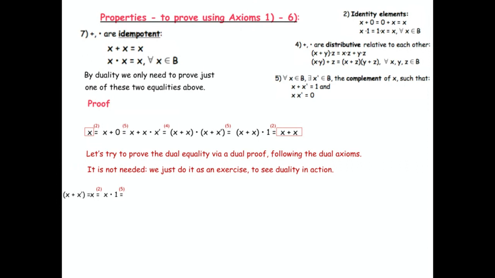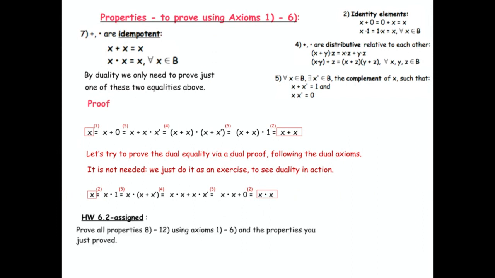Then we're going to use the fifth axiom, the complementarity, to unfold the 1 into X or the complement of X. Then we're using, again, the distributive axiom to convert that into X and X or X and the complement of X. Then, using the complementarity axiom again, we see that X and the complement of X are mutually exclusive, so they're 0, and what is left is X and X. And then, using the identity axiom, we can get rid of the 0, and we have left X and X. So we've proven the second idempotency equality, and by virtue of that, we've proven the duality here too.